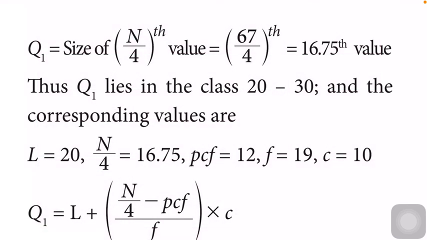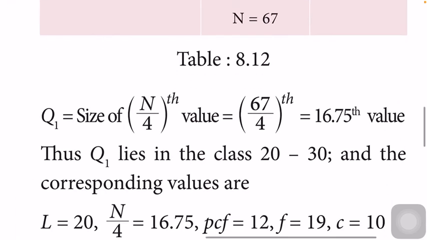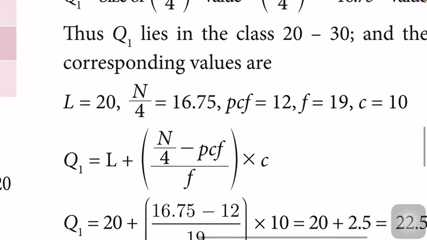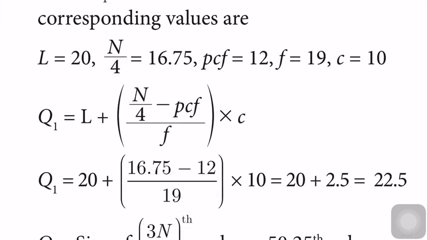As we have found the class interval, we can fix n by 4 and PCF, F and C as we did in the previous case, and then we can find Q1. C is the difference of the class interval, 20 to 30, which is 10. C is 10. So we can find the value of Q1.